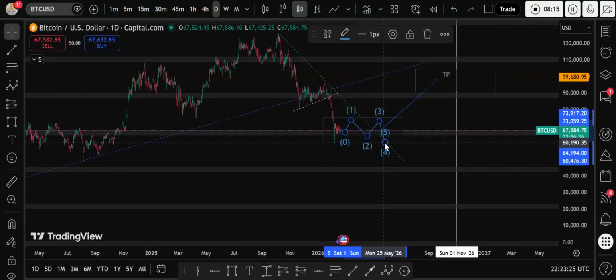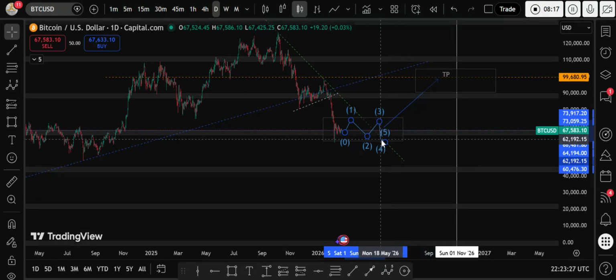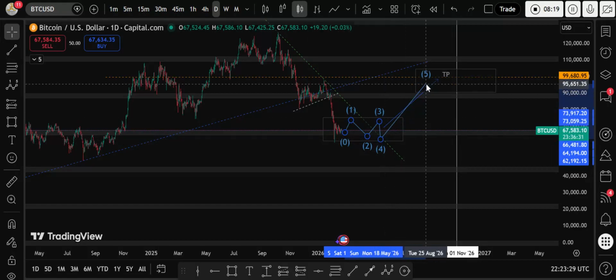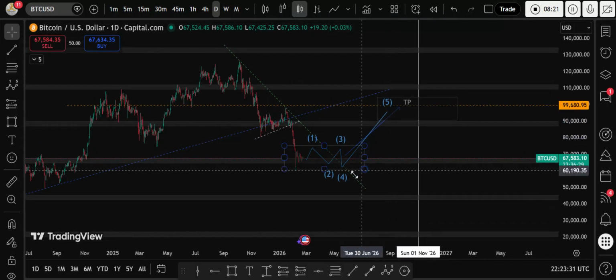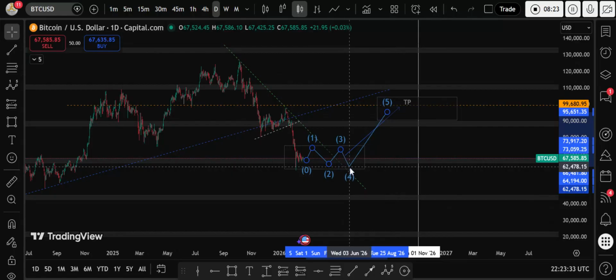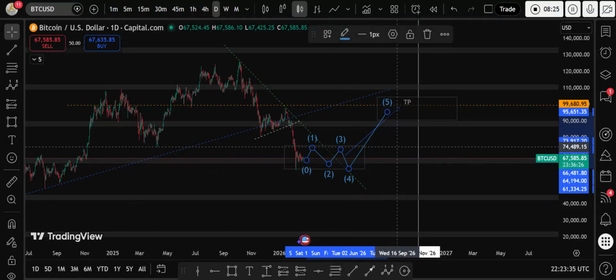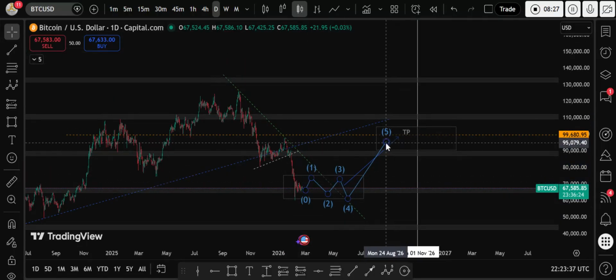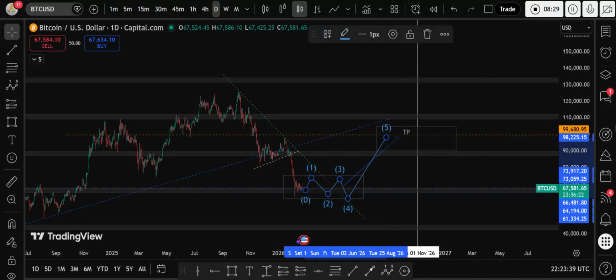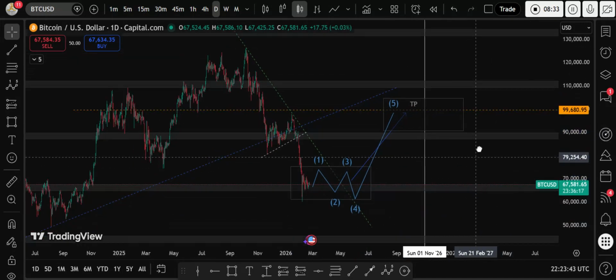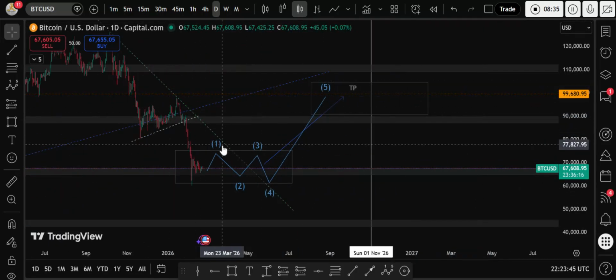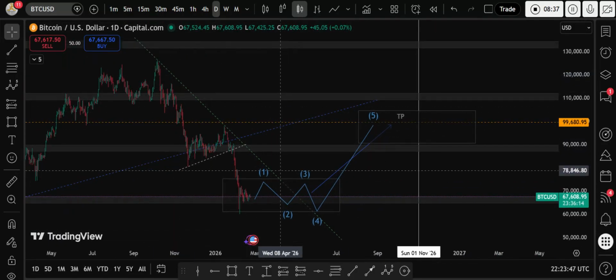And the TP we are looking for it to reach is around 99,680 for BTC. That's if BTC crosses our daily trend line.